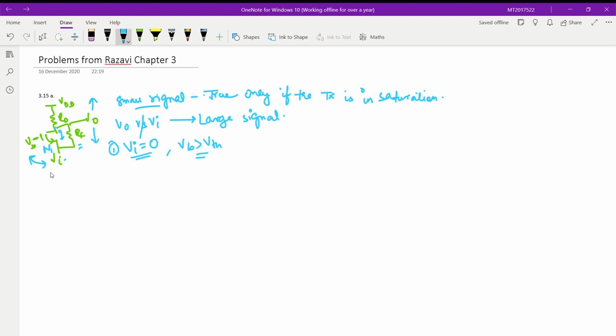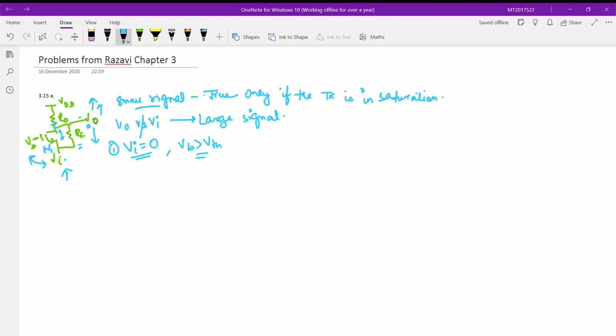So if RF is small enough, then when we turn on M1, it can turn on in triode region. And then as we keep on increasing Vi, the current drive of the transistor keeps on decreasing. So as the current of the transistor keeps on decreasing, the current sourced from VDD also keeps on decreasing. So Vout will keep on increasing.